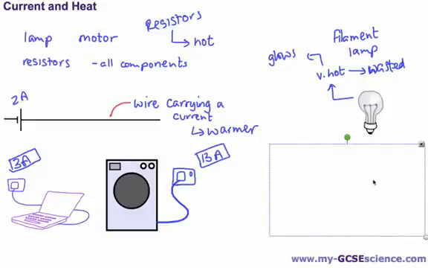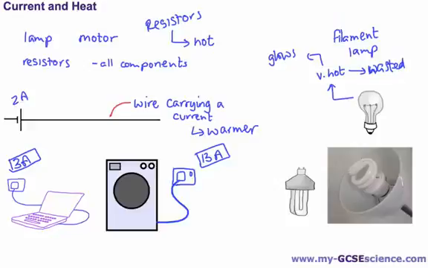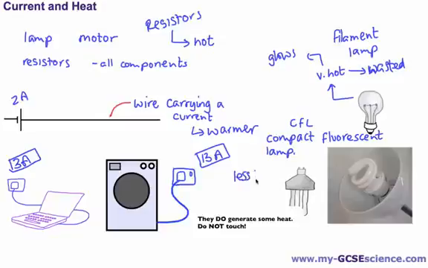If you wanted to have something that was a bit more efficient than our filament lamp, you can use something called a CFL, and that stands for compact fluorescent lamp. And I'm sure you've seen these before. You've probably got some in your house or perhaps at school, but they look a little bit like this, and they generate much less heat. You could probably touch one of these while they're on.